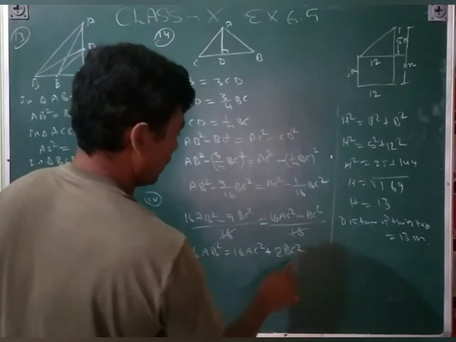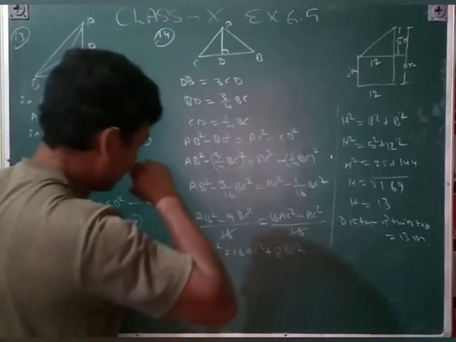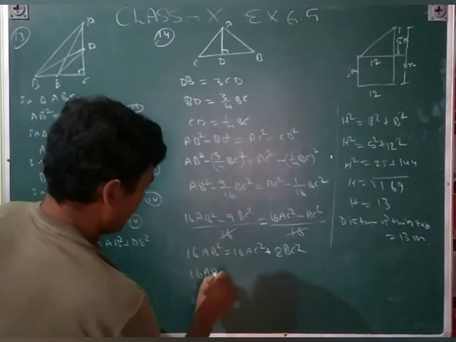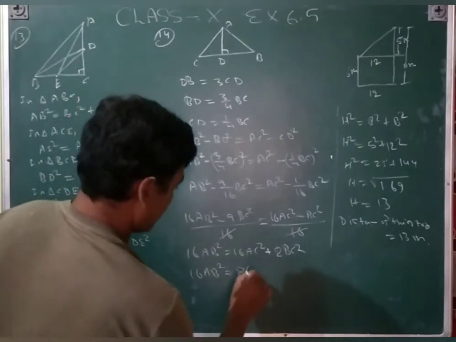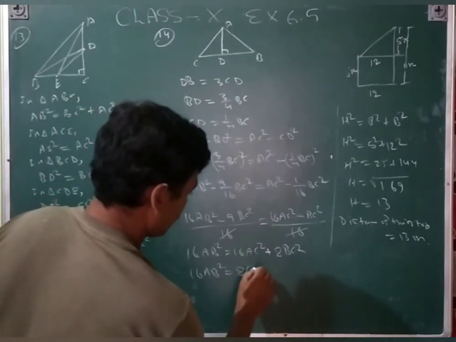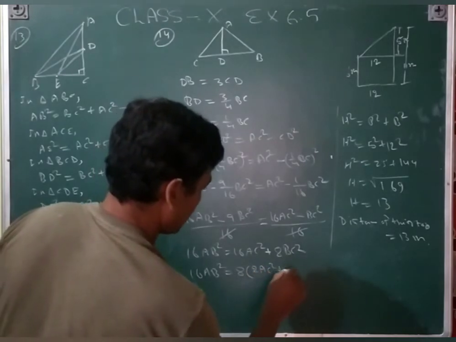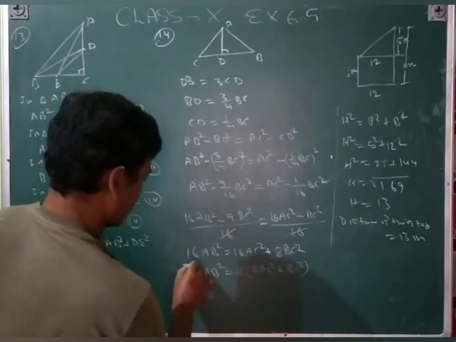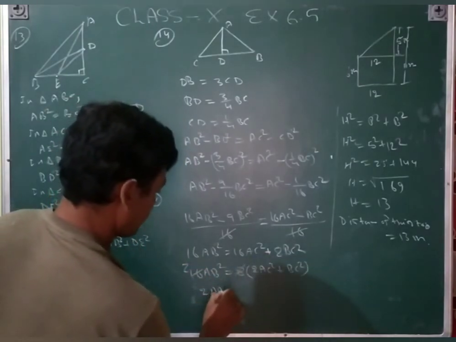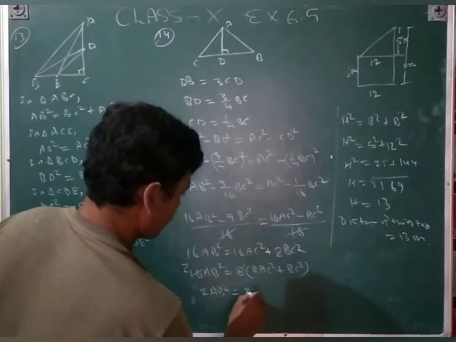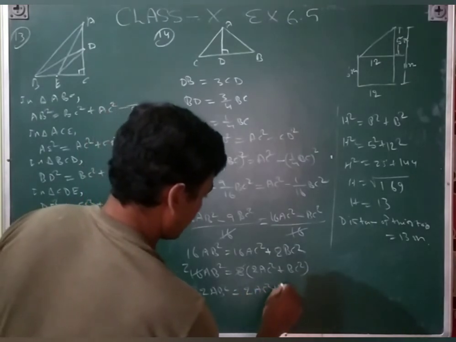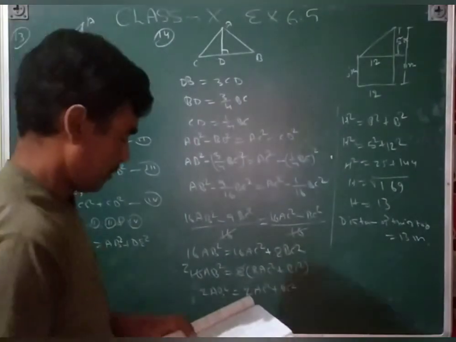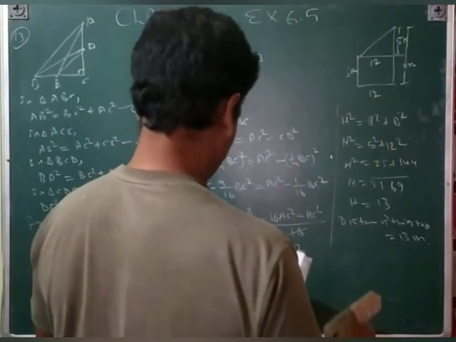So 9 less 1 is 8, and 8 is common for everyone. So 16 AB square is equal to 8 times 2 AC square plus BC square. So 8 times 2 is 16, so 2 AB square is equal to 2 AC square plus BC square. That is proved. Now the question number 15.